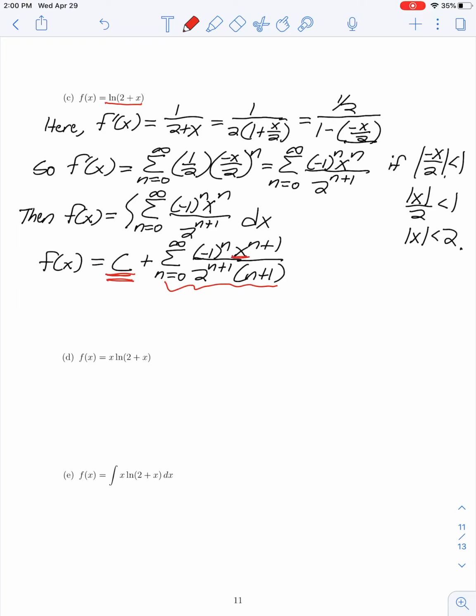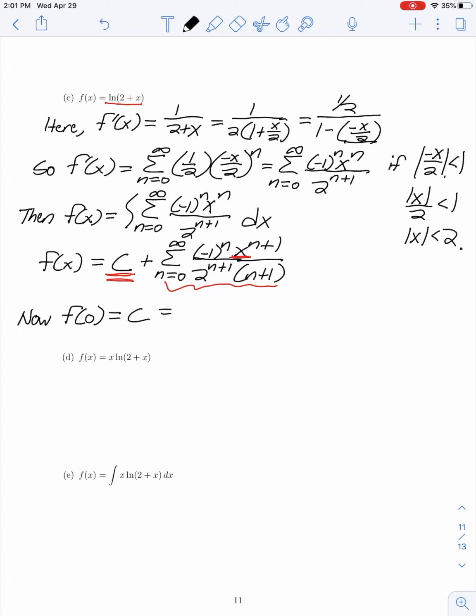And this power series is centered at x equals 0. So if I were to plug in 0 for x, I would have my constant c, and then if x is 0, every other term in this series is now 0. So we would have just the constant itself.